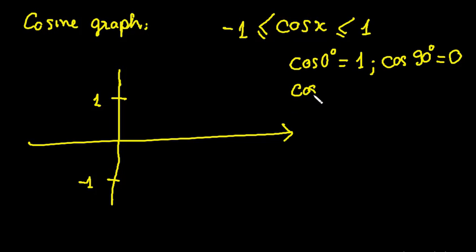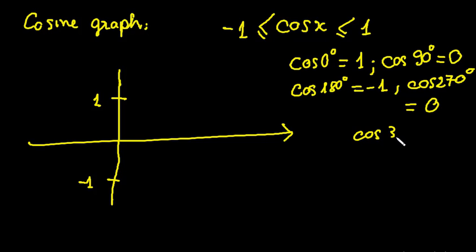And cos of 180 degrees equals -1, cos of 270 equals 0, and the last one, cos of 360 equals 1. And I have 90 here, 180, 270, and 360. So my cos of 0 will be here, and I will draw the curve which is this one.